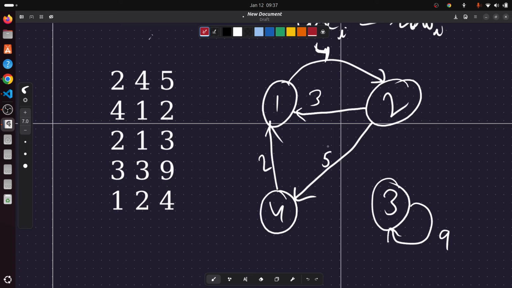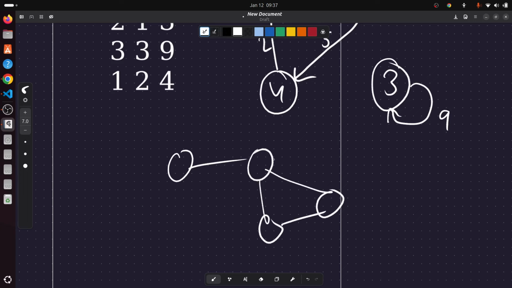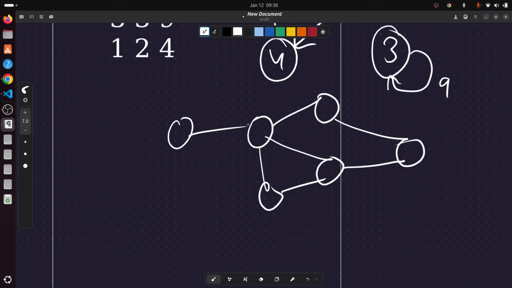See, in a graph, let's make a random graph. Okay, let's say this is the graph, and I'll number the nodes 1 2 3 4 5 and 6.